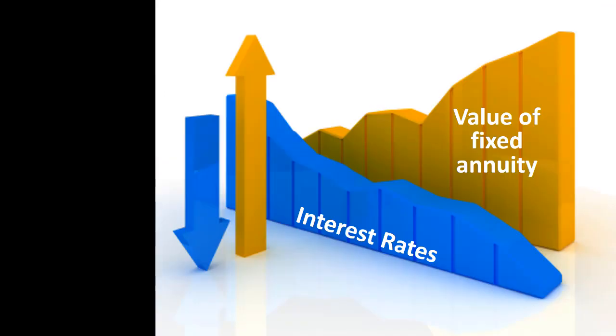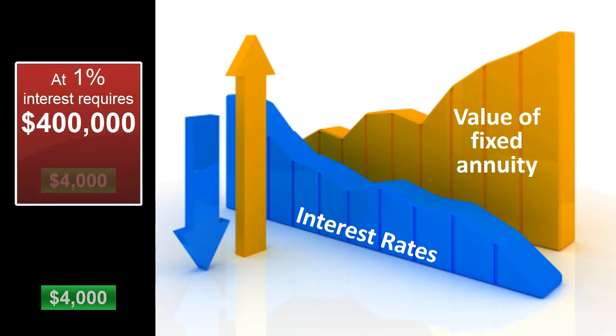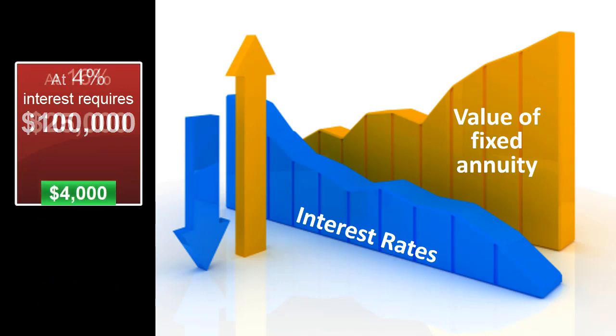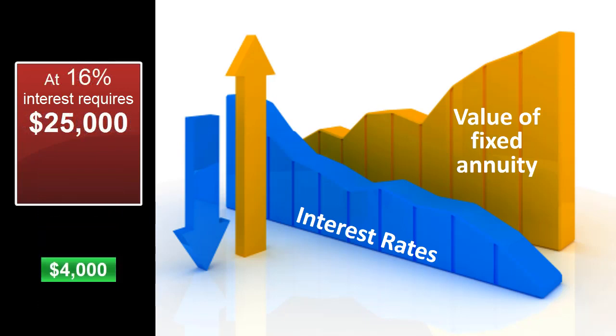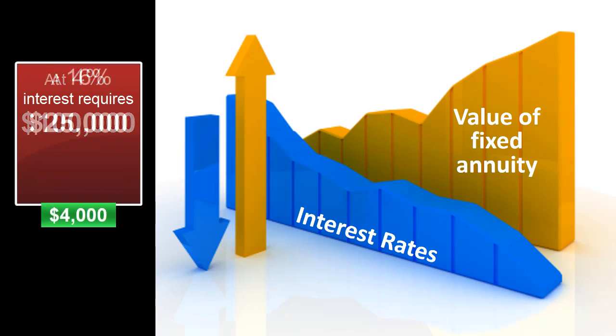As discussed previously, the value of the annuity depends upon the current interest rates. As interest rates rise, it takes a smaller and smaller investment to generate $4,000 per year. Thus, the value of a $4,000 per year payment falls as interest rates rise.